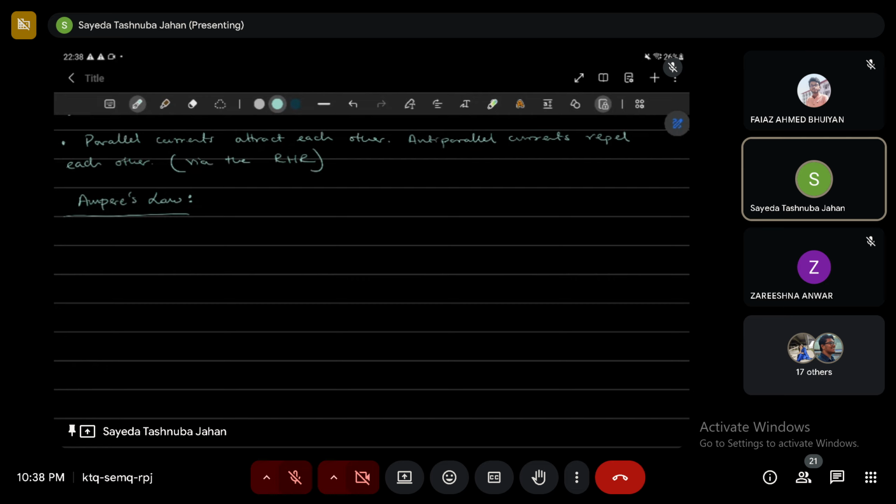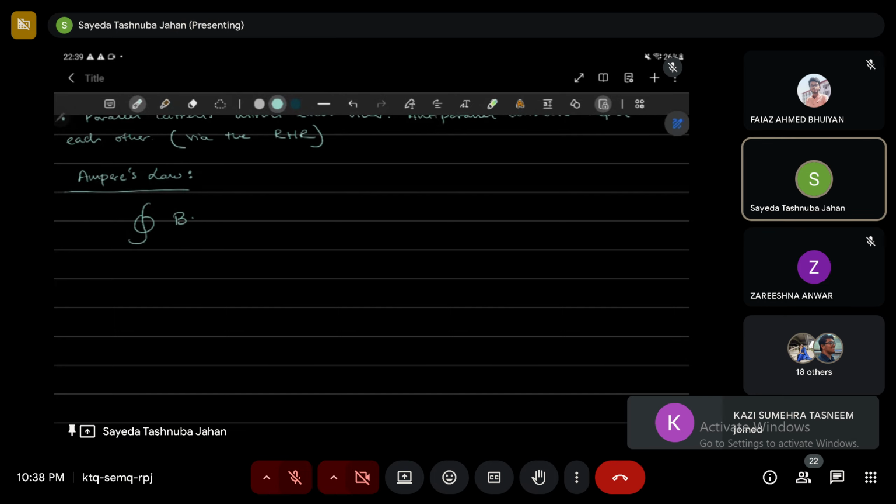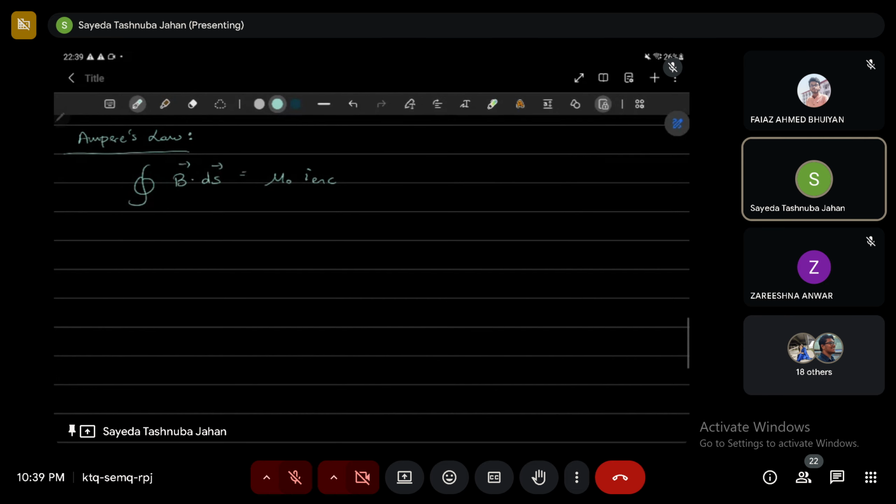Gauss's law যেভাবে আমরা ইউজ করতাম to find the electric field, Ampere's law আমরা সেম ভাবে ইউজ করি to find magnetic field. Okay? And Ampere's law is given as the following, where you have B dot ds equals to mu naught I enclosed. Okay, so this is your Ampere's law.